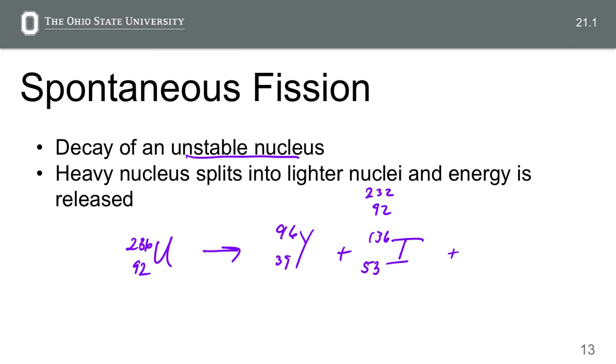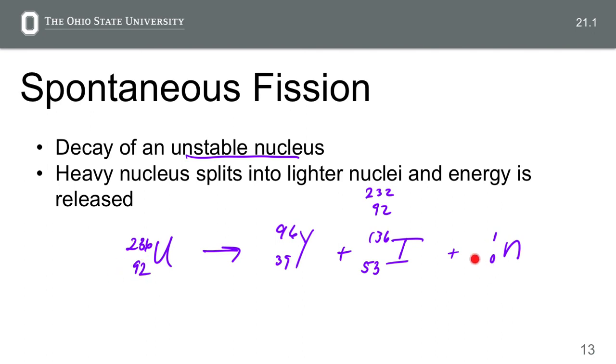Okay. So what could be some products? Neutrons, exactly. The neutron is going to have a mass number of 1, atomic number of 0. We already balanced out our atomic numbers, right? We have 92 if we sum these up, and that's what we have on the reactant side.